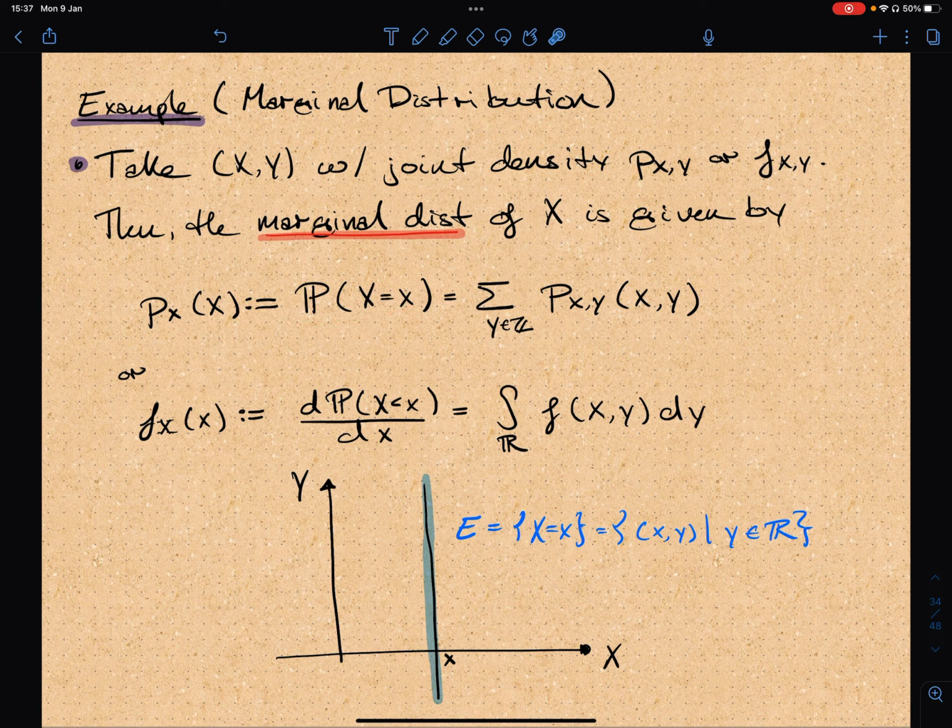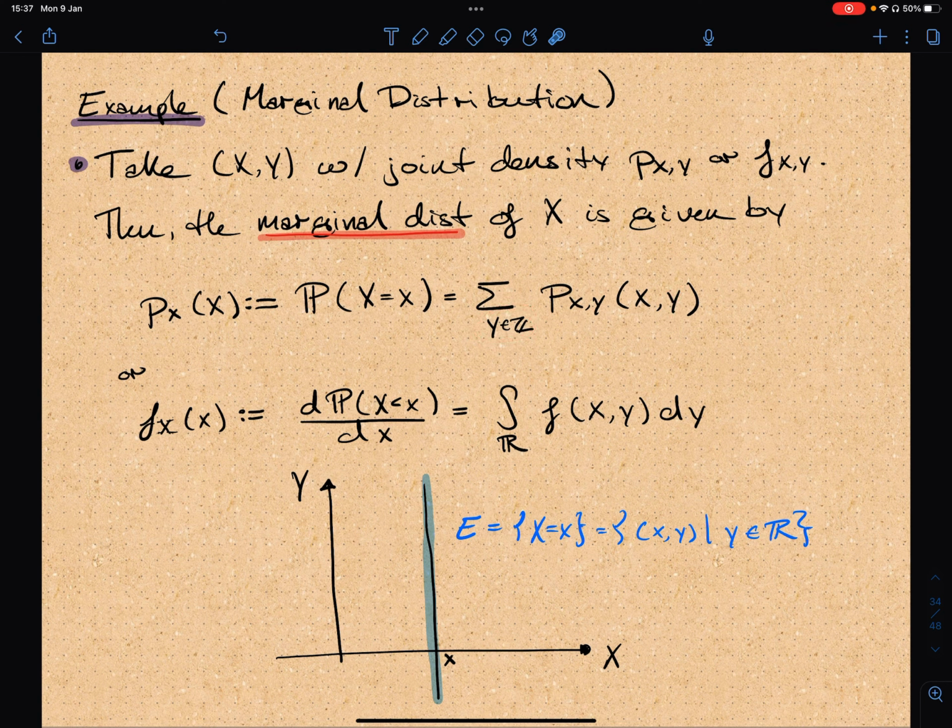And in particular, this is going to be a summation of the joint density. So I'm just going to sum over all possible values of y the joint density for x, y. Here x is fixed, and y is summed over all possible values.